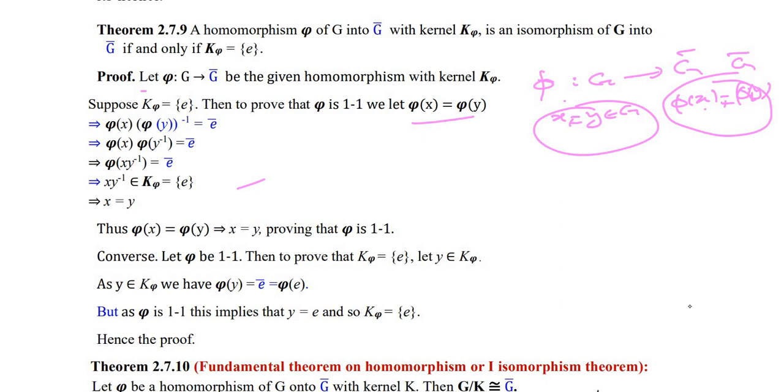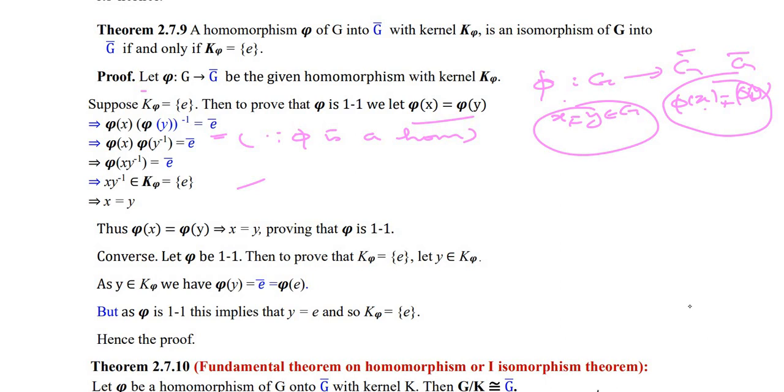So for that we have considered phi of x equal to phi of y, and post multiply both sides by phi of y the whole inverse. This is what you get. E bar, because all these are elements in G bar. So when you post multiply, you have to write only the identity element which is present in G bar. So you get E bar here, and by one of the properties of homomorphism, you can write phi of y the whole inverse to be phi of y inverse. This is because phi is a homomorphism.